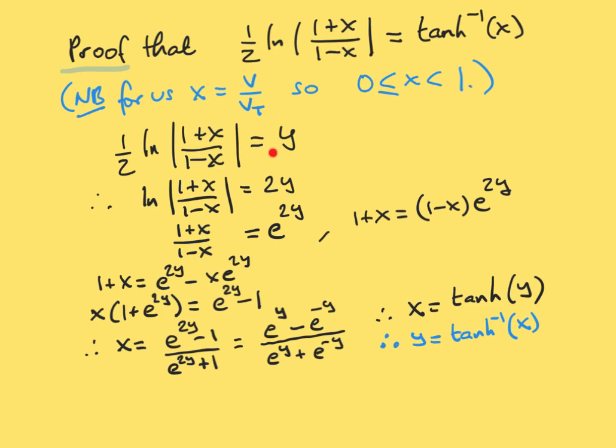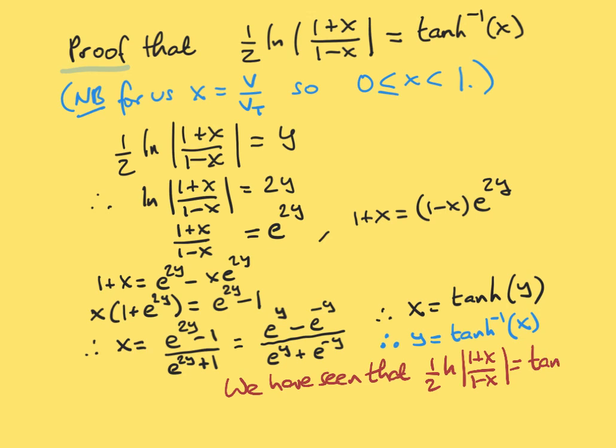Remember, y was our name for this, so therefore we've shown that 1/2 the logarithm of the modulus of (1 plus x) over (1 minus x) is equal to the inverse tanh function of x, which is what we wanted to show.